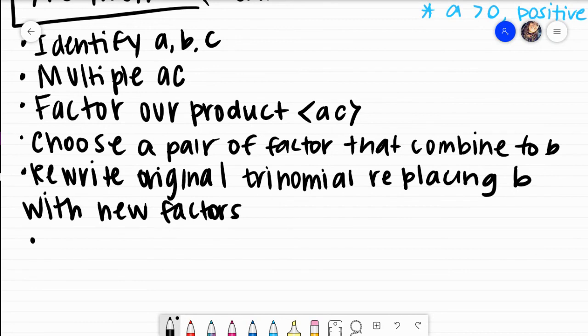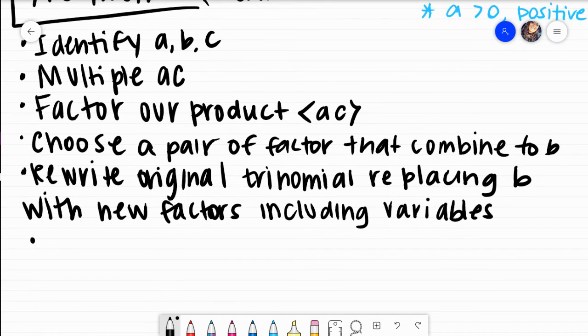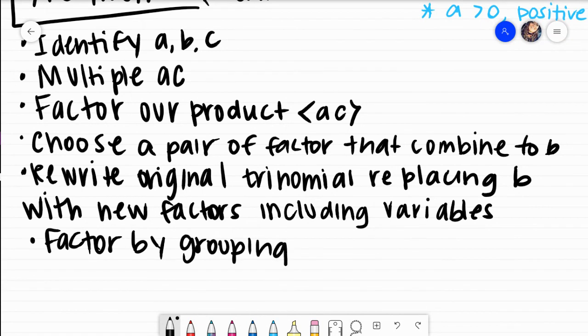So we're going to replace our b. We're going to rewrite the original trinomial, but we're expanding, right? We're replacing our b term with those two new factors. Let's do this, including variables. That is very important. And then what you're going to do is factor by grouping. And this is our 13.1 video.